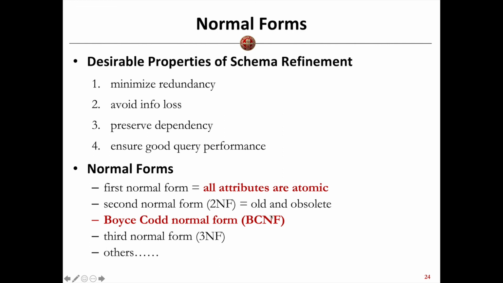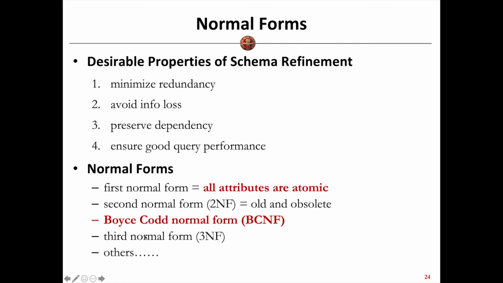The most important one we will cover in the lecture is called BC normal form, or Boyce-Codd normal form. In the near future, if you plan to find a job, when you do the interviews and people ask you about database systems, they will ask you about BC normal form. What is BC normal form and how do you polish a relation into BC normal form? They are frequently asked questions about database systems.